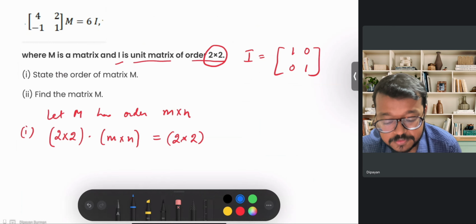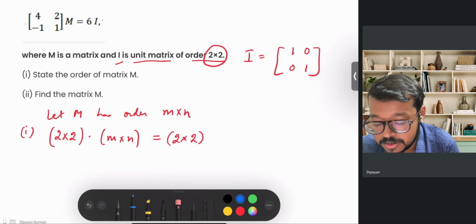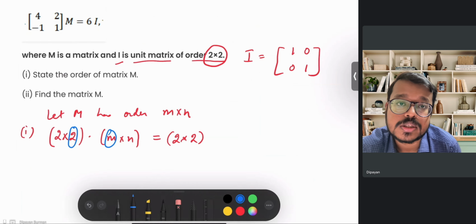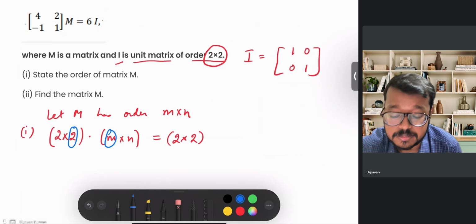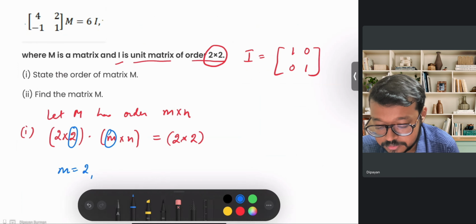So it results in a matrix of 2 rows and 2 columns. If multiplication is possible, the number of columns of the first matrix has to match the number of rows in the second matrix. So that means m value has to be 2.